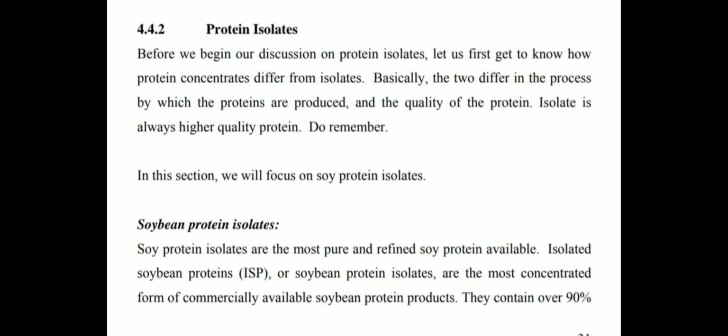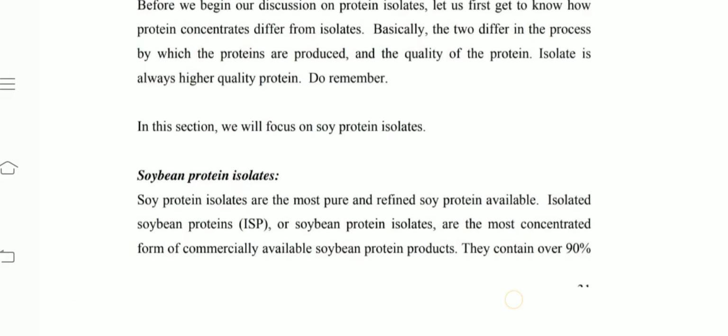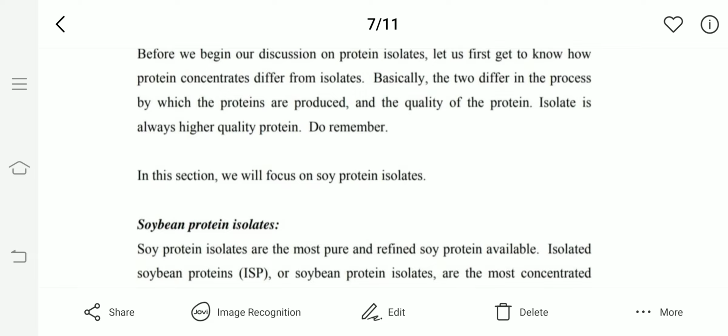Now protein isolates. Basically, the concentrates and isolates differ in the process by which the proteins are produced and the quality of protein. Isolate is always higher quality protein, so do remember. Now soybean protein isolate.